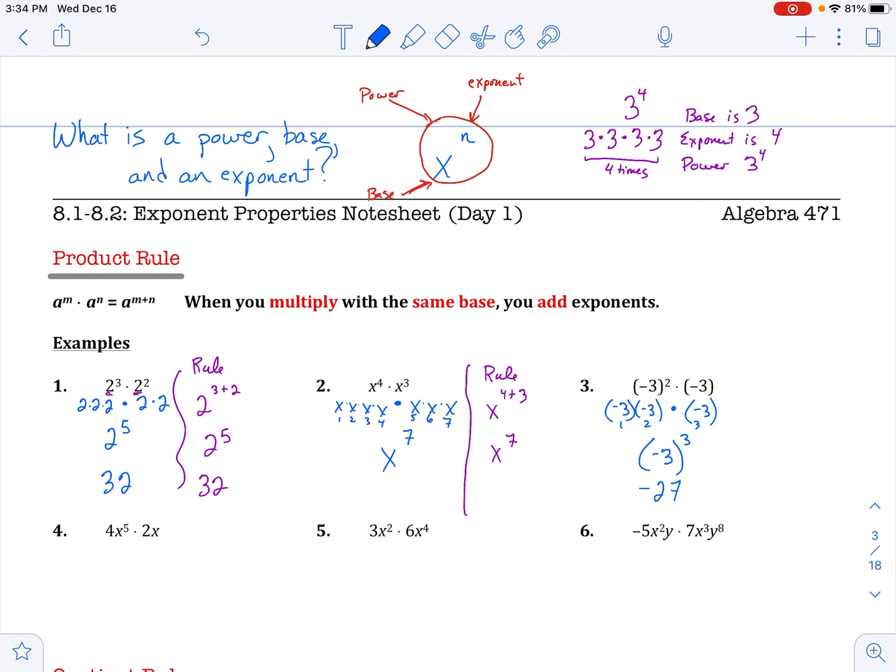When we take a look at using the rule, please recognize here that my base is negative 3, and it's the exponents being added together, which is 2 plus, they don't give us an exponent here, but that unwritten exponent is assuming that that is negative 3 to the 1st power. So negative 3 raised to the 2 plus 1 power is negative 3 to the 3rd power, which is again also equal to negative 27.